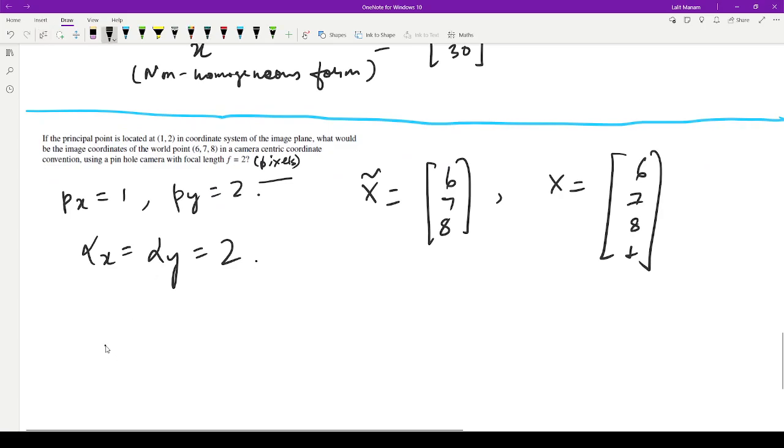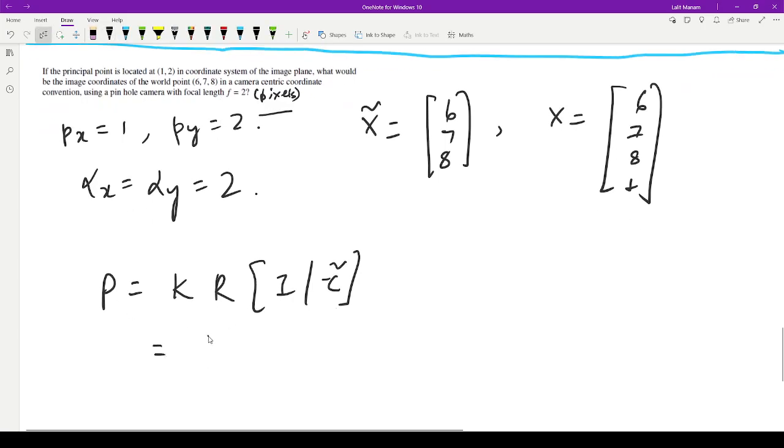So how does the projection matrix look now? We'll just replace the values that we checked earlier: K R [I | -C tilde]. For K, we are replacing alpha x and alpha y by 2, and px with 1, py with 2.